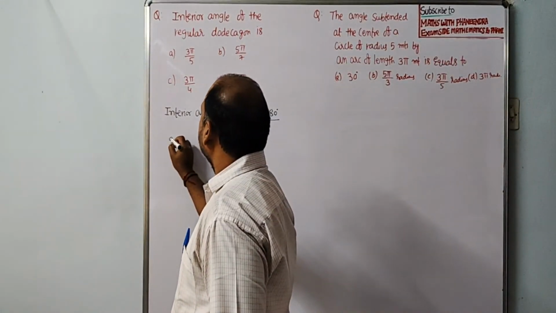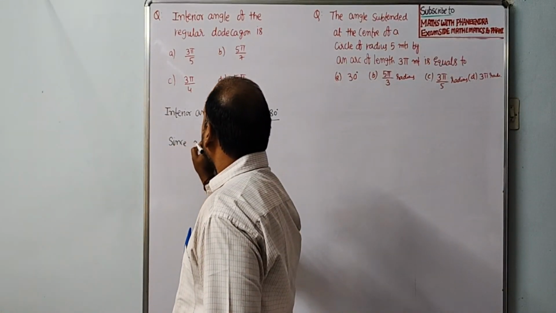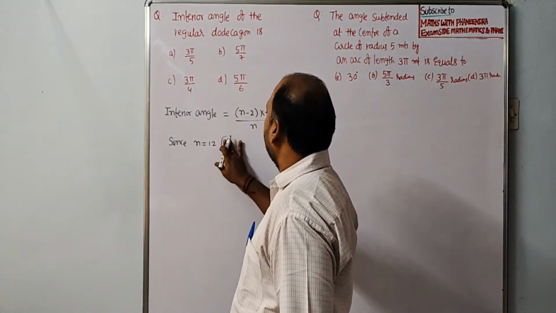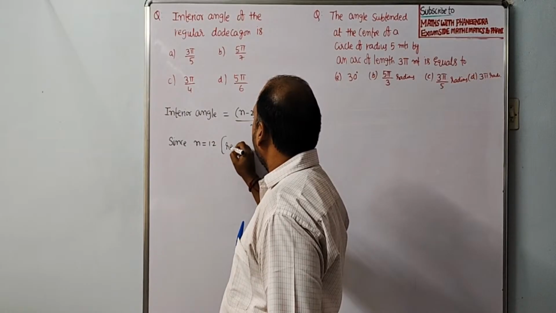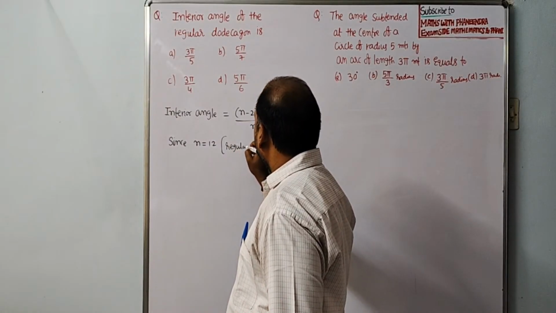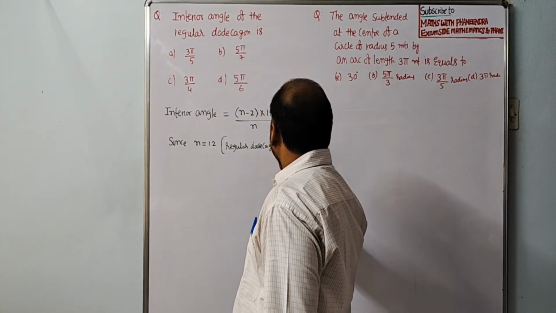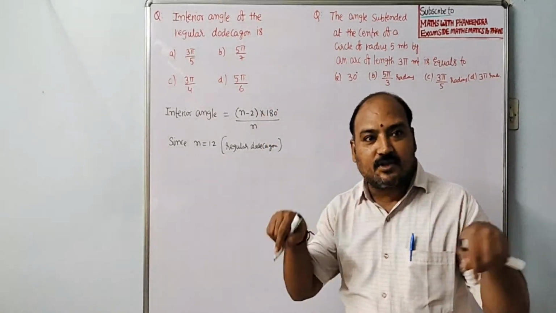Since n is equal to 12, because the dodecagon is regular. That is the reason n is equal to the number of sides, 12 sides are there.